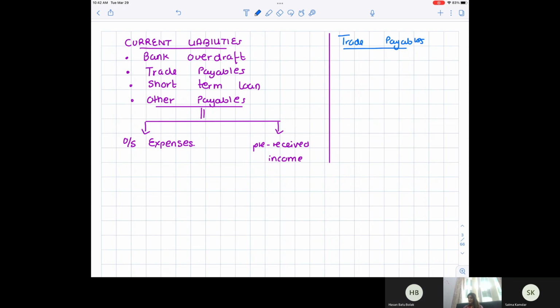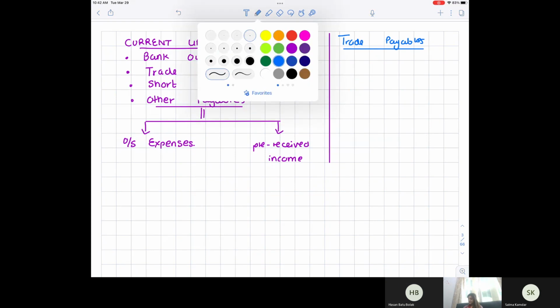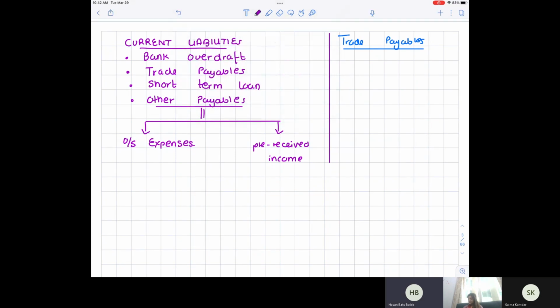What was the meaning of trade receivables? Trade receivable is when the people to whom you have sold goods on credit. Okay, so what will be trade payables? Means we bought goods from them. There we sold the goods on credit, so here we will purchase the goods on credit. So what is the meaning of trade payables?